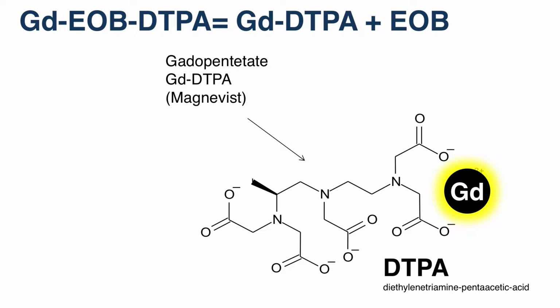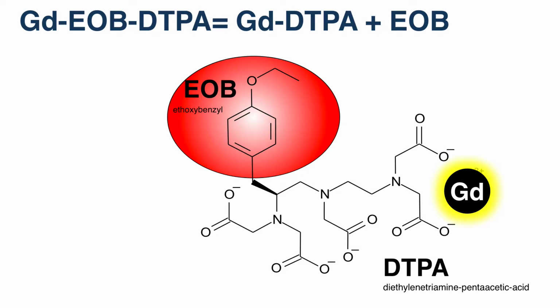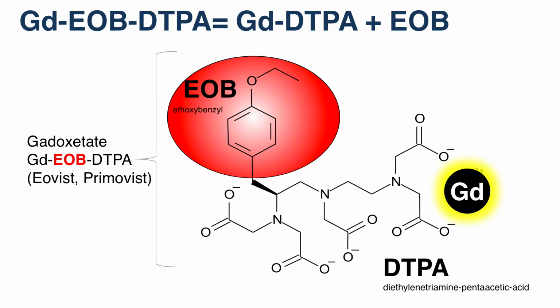If you then take gadolinium DTPA and you add an ethoxybenzyl group to it, then you no longer have Magnevist, you now have gadoxetate disodium, gadolinium EOB DTPA, and this is known commercially as Eovist in the United States, and it's known commercially as Primovist in the rest of the world.